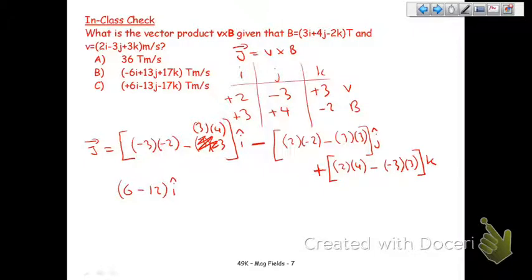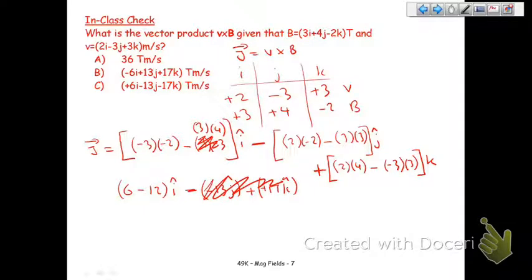Okay. And then I go, well, that's going to be 6 minus 12, I, minus 4 minus 9 is minus 13 J. And then 8 plus 9 is 17. Oh, did I just do those last two in one step? I just did those last two in one step. Sorry, because that's what I normally do. Let me do it more completely.